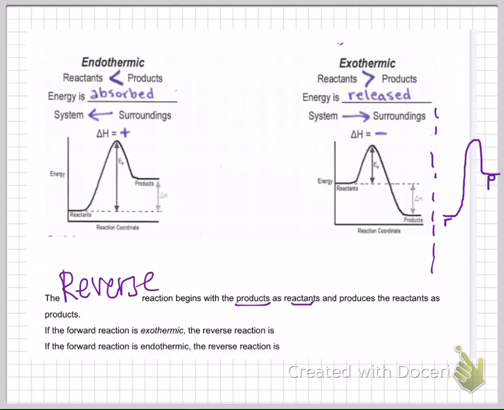Okay, that's pretty much it on how to read an energy diagram for now. We can go a lot deeper, but for the basics, an energy diagram shows you what's going on in a reaction. It starts off with the energy of your reactants and ends with the energy of the products.